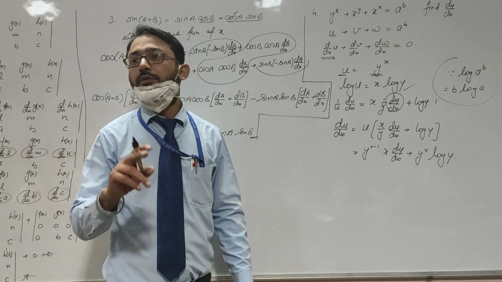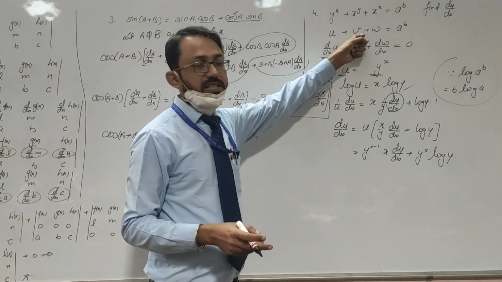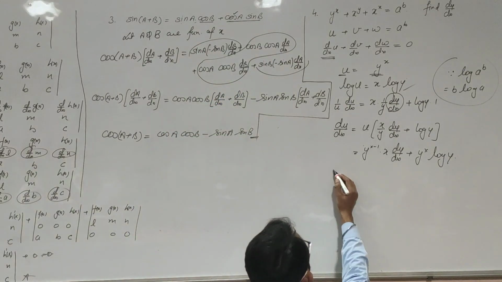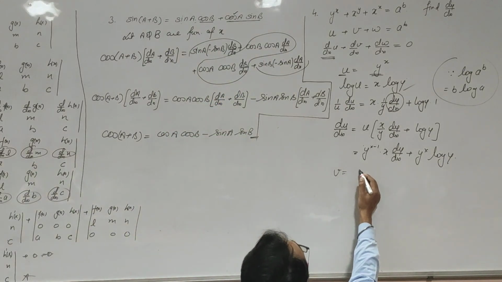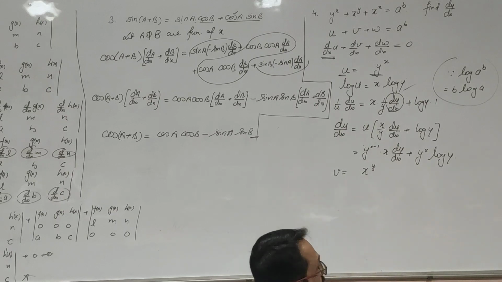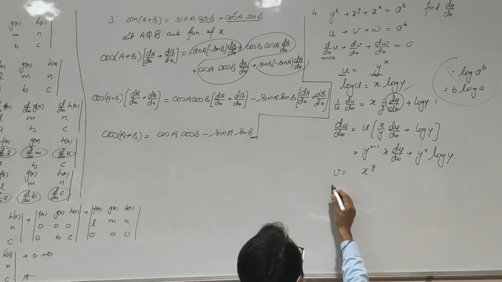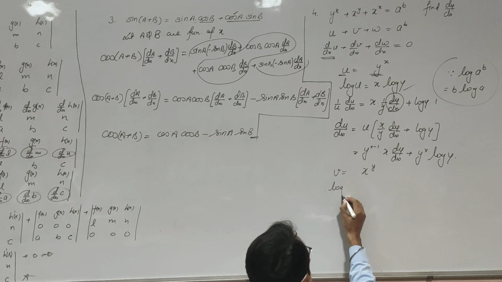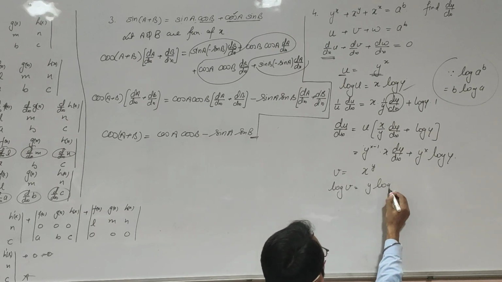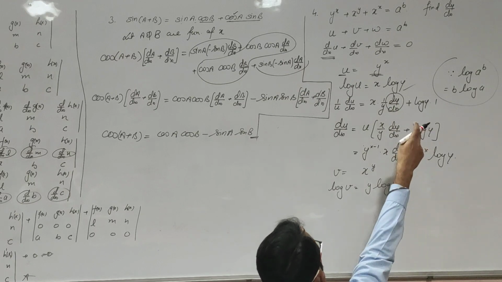Now we are going to calculate the differentiation of v. We have v equal to x to the power y. Again taking log on both sides, log v is y log x as per the property.